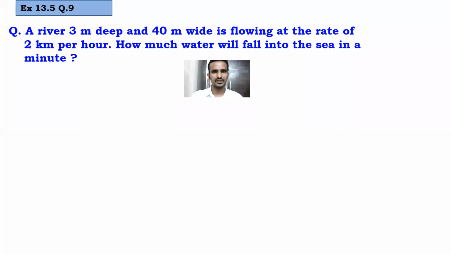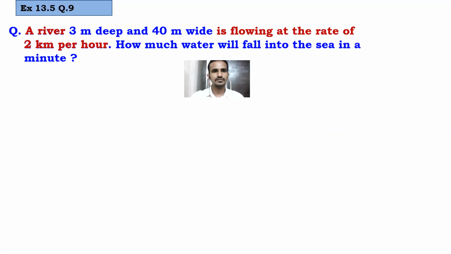Obviously a river cannot be a cuboid, but we can relate it to a cuboid. Let's see how. First, we know the depth of the river is 3 meter, and it is 40 meter wide. Now the river is flowing at the rate of 2 kilometers per hour. This is the most important information. That means the length covered by water in an hour is 2 kilometers, which will act as the length of the cuboid.